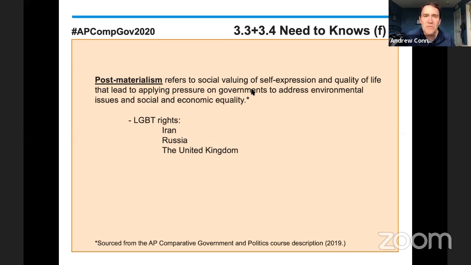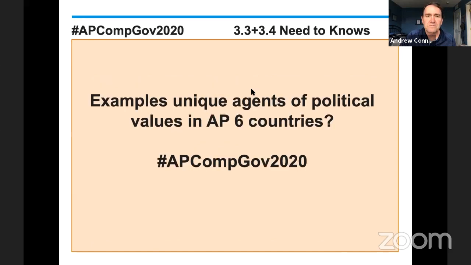And that's one of the ways that Iran has addressed the issue of homosexuality and transgenderism in Iran. So those all would be what we would consider post-materialist policies of LGBT rights, and the very different way that three of our countries handle LGBT issues.